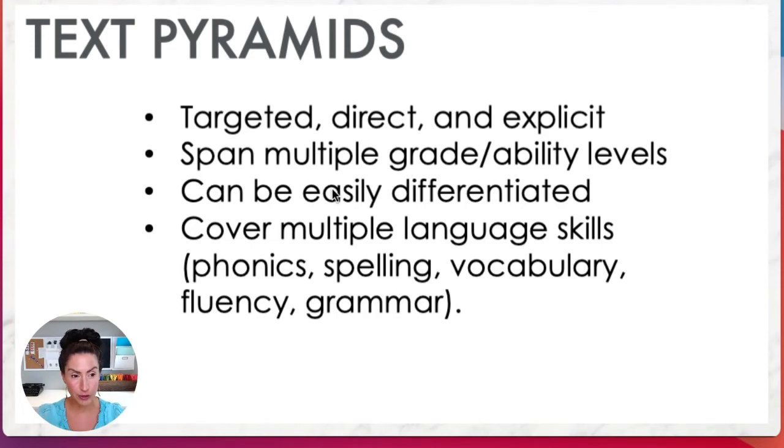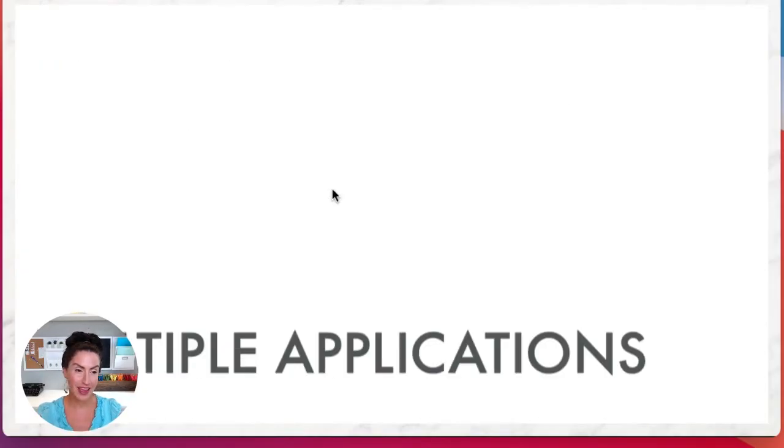When I talk about fluency, they hit on a number of fluency skills. We've talked about rate and accuracy, prosody, and comprehension. Those first three can really be targeted quite a bit, and because of that, the last one, comprehension, is also improved. But text pyramids are really effective for almost every single pillar of reading fluency.